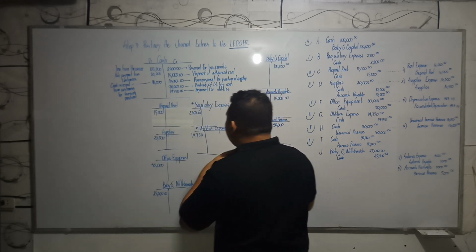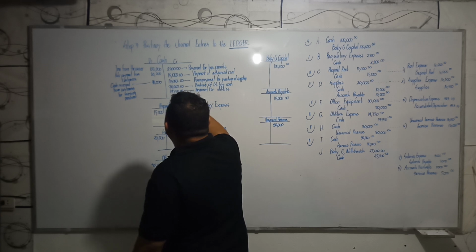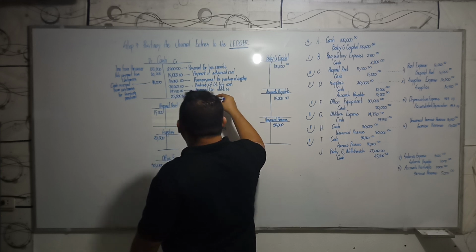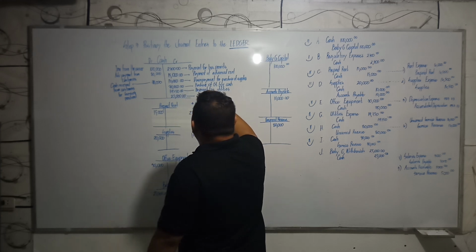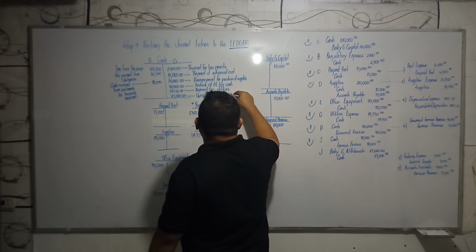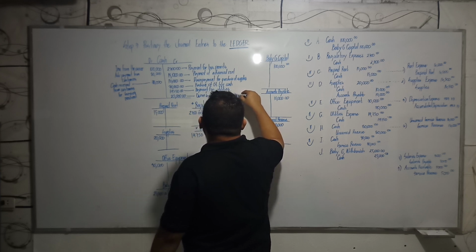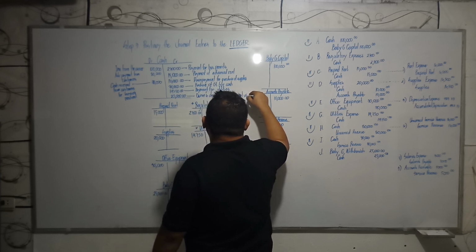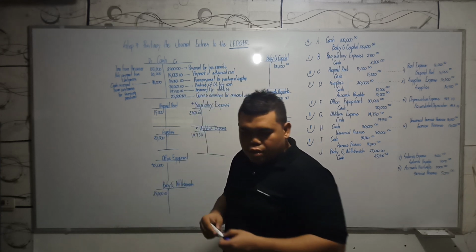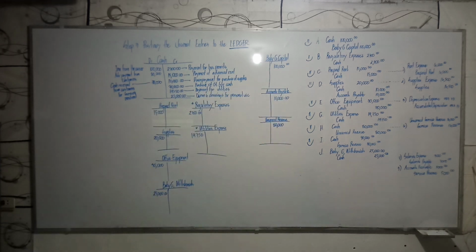And then credit cash 25,000. And you put right here the description, owner's drawings for personal use. Just like that. So that's it for step 4.